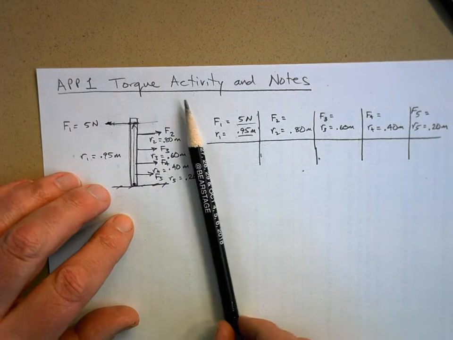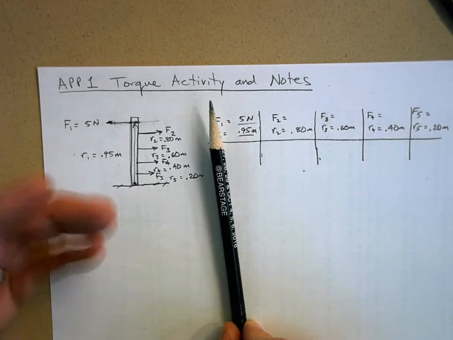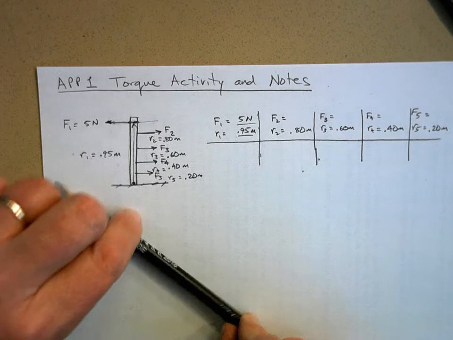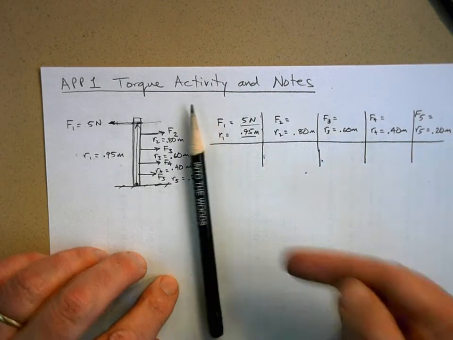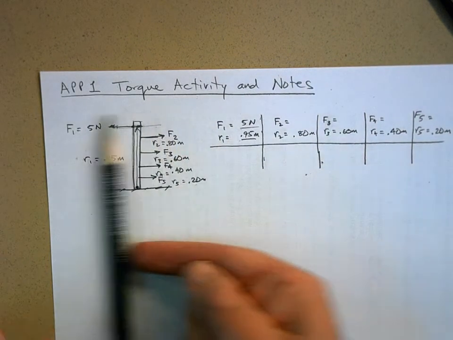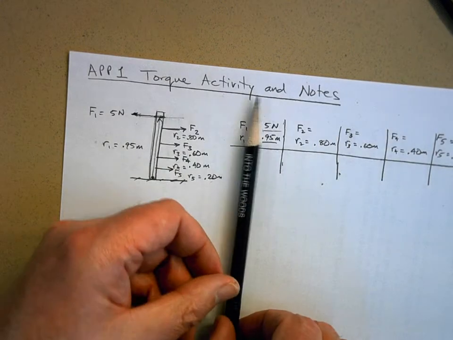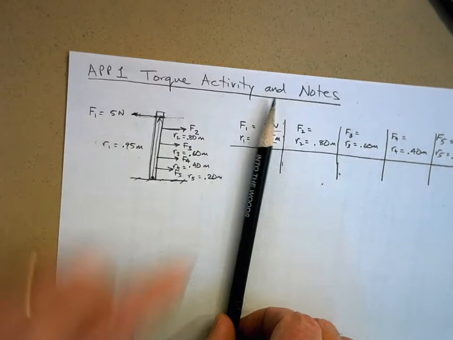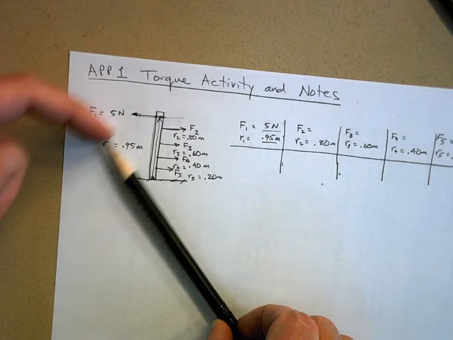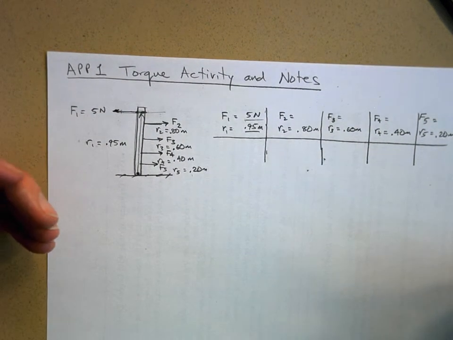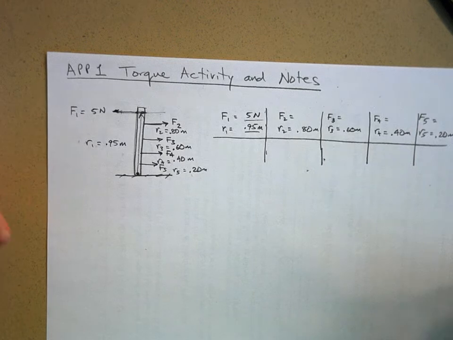When a torque is applied to an object, it makes the object want to rotate rather than translate. If you apply a force to an object, the force makes the object translate. But a torque makes an object want to rotate. Now, of course, force is involved with torque, but there's something else involved.